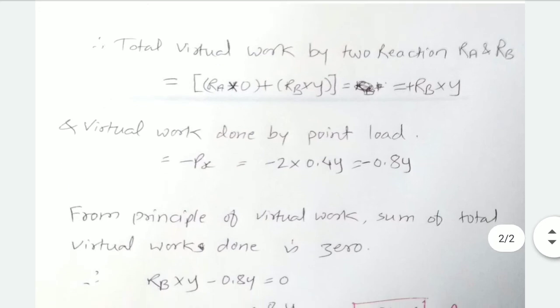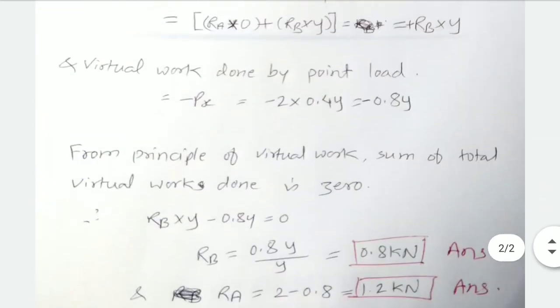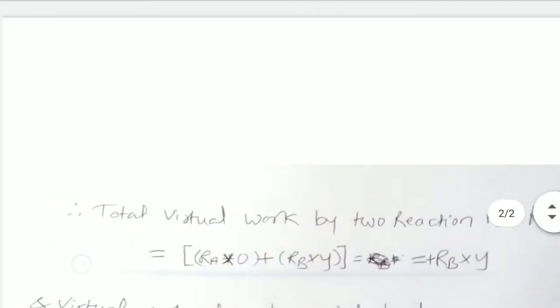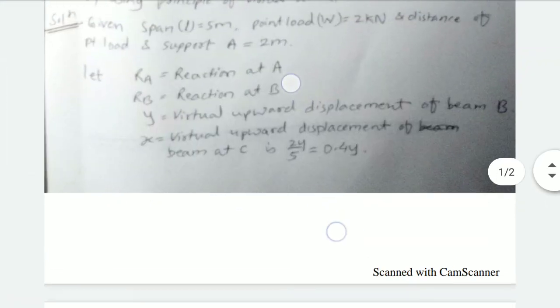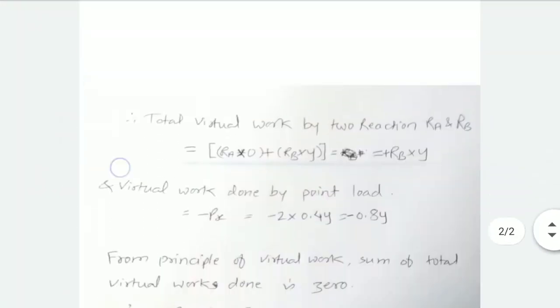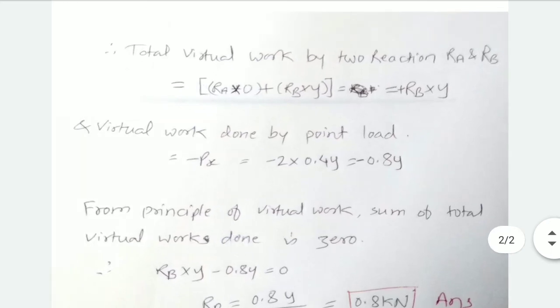The virtual work by the point load is minus P into X, where P is 2 kilonewton and X is 0.4Y. The negative sign is because the point load is applied downward. So it is minus 0.8Y.